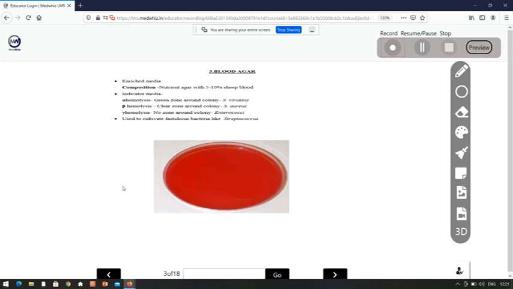In alpha hemolysis, there is a green zone around the colony; a typical example is Streptococcus viridans. In beta hemolysis, there is a clear zone around the colony; this clearing zone is usually produced by Staphylococcus aureus. In gamma hemolysis, there is no zone around the colony; an example is enterococci. Blood agar is also used to cultivate fastidious bacteria like Streptococcus.